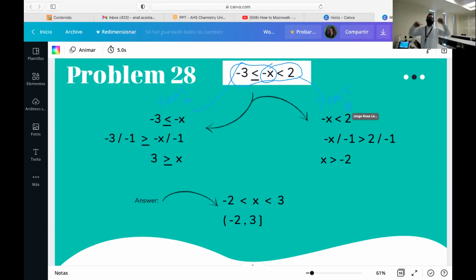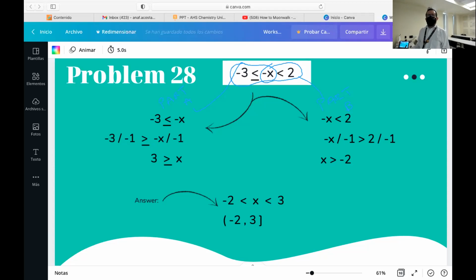So you separate it into two inequalities, you solve each of them, and then you just join them back, or the solution is going to be the combination or the union of these two. So that's perfect.